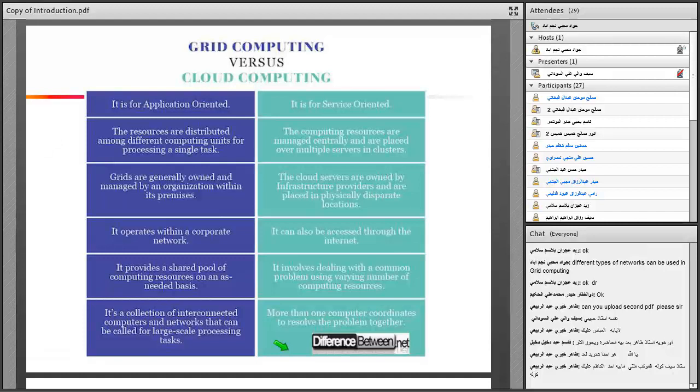But in the cloud computing, more than one computer coordinates to resolve the problem together. These are some different characteristics of grid computing and cloud computing.